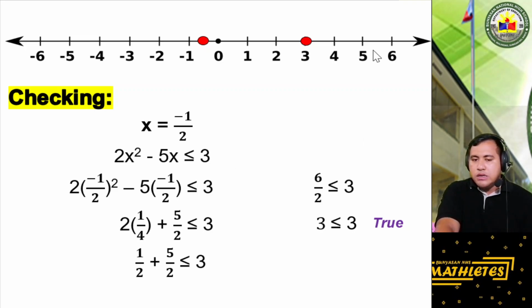After the testing, the result is 3 is less than or equal to 3, which is also true. No need to explain further the substitution, since it was discussed in our previous video. So again, the middle interval plus these points are part of our solution set.